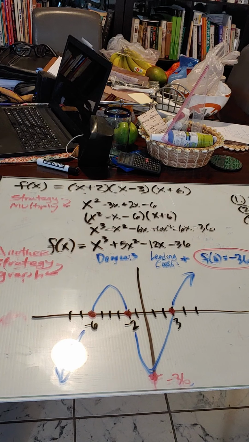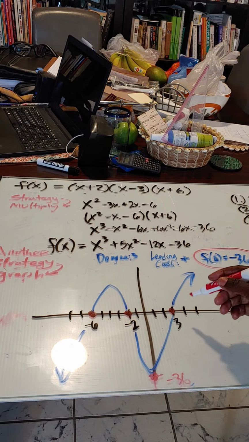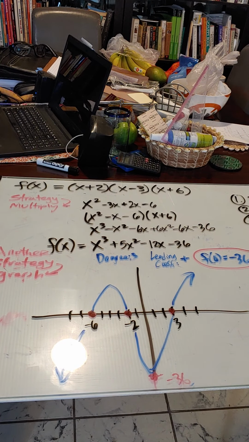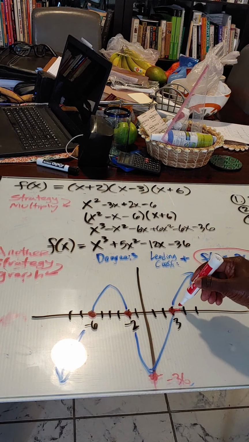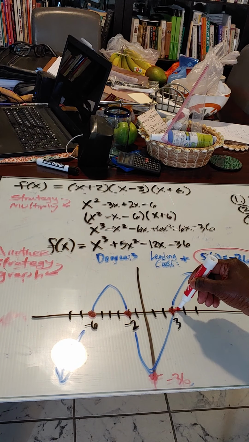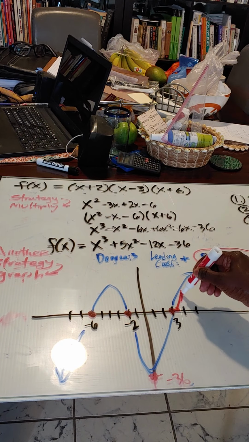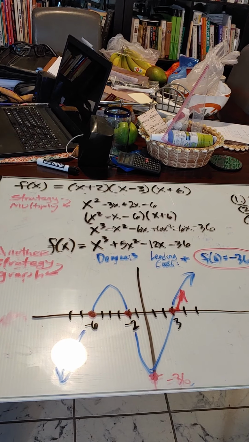Looking at this function graphically, we can determine what is happening. The behavior is going from here, this function is going in this manner, right? That's that end from positive infinity.